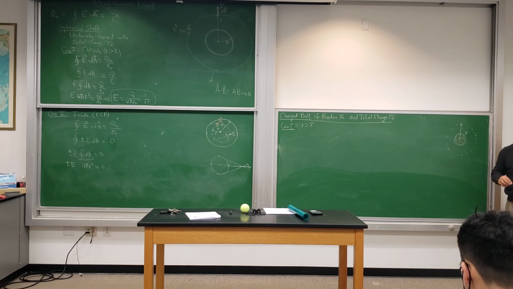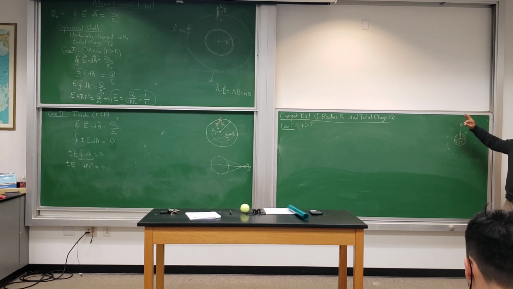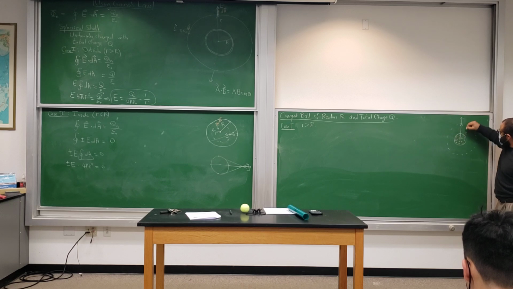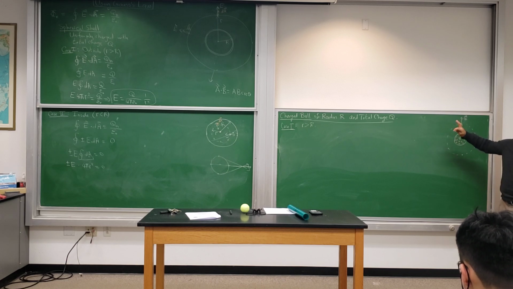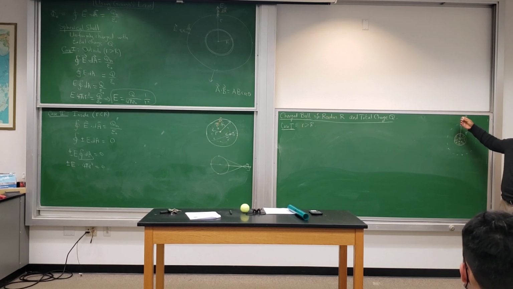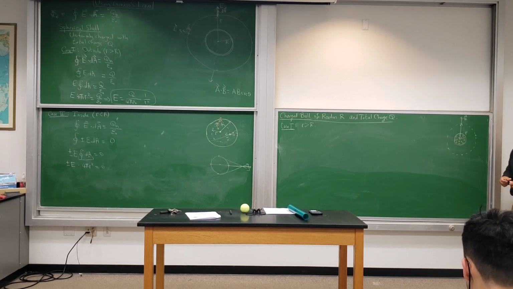So the electric field is the same at the same distance from the center. The direction of the field is away. If you want to do negative, it will be inward, but why do negative? Just deal with positive and then invert your electric field.